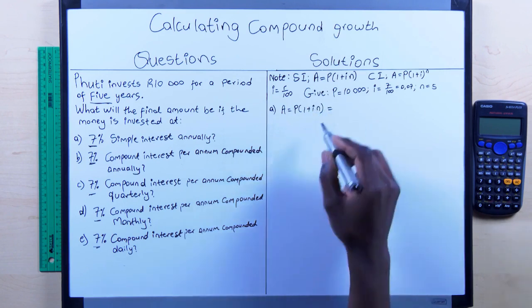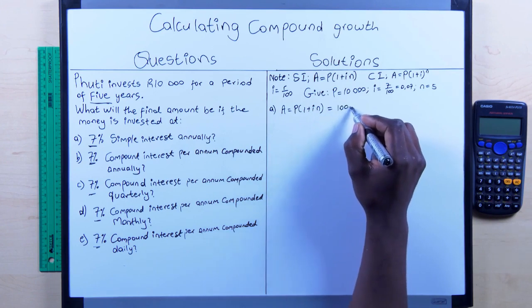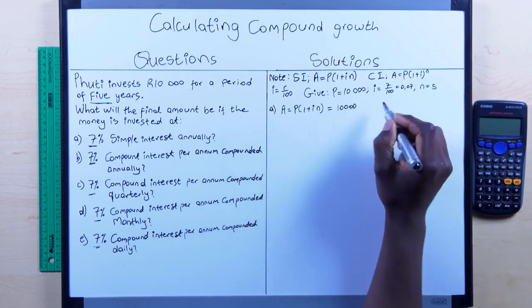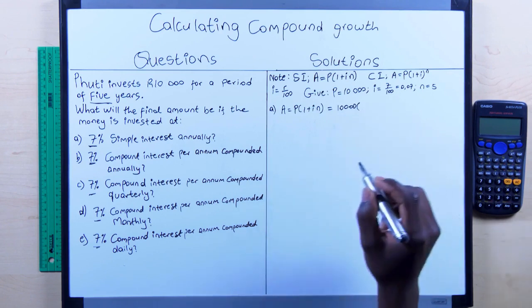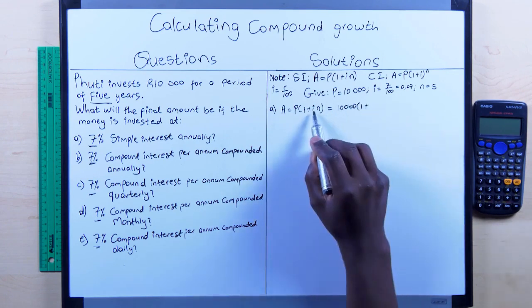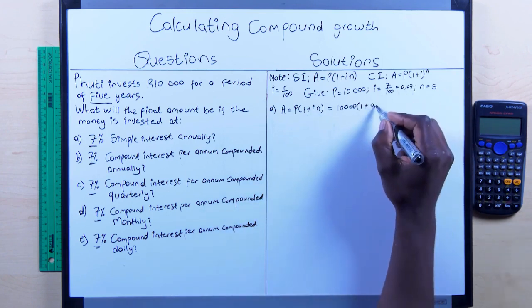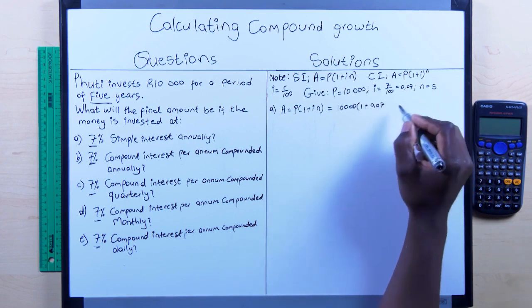It means you want your A, your P is 10,000, pardon me, and then 1 plus your i is 0.07, n is equal to 5.